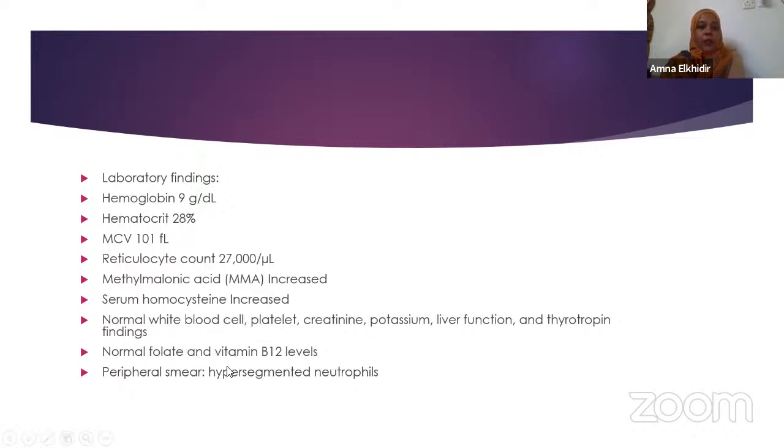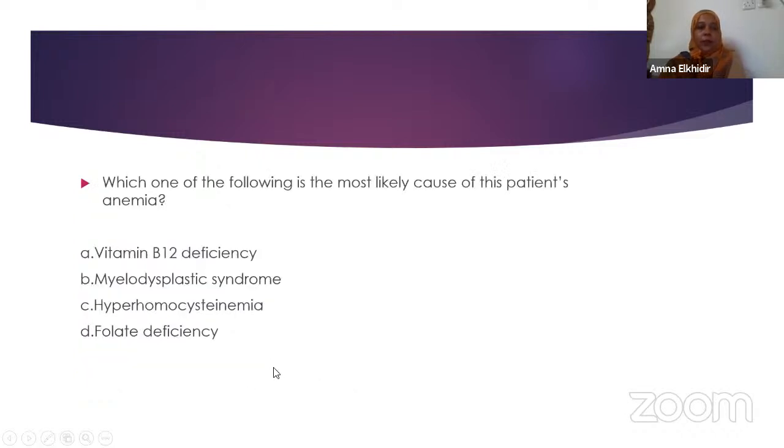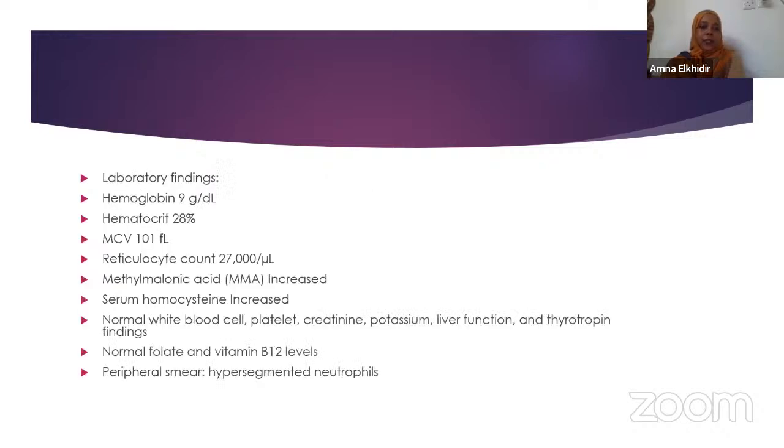In the peripheral smear, we have hypersegmented neutrophils. Which one of the following is most likely the cause of this patient's anemia? Vitamin B12 deficiency, myelodysplastic syndrome, hyperhomocysteinemia, or folate deficiency. So these are the labs.